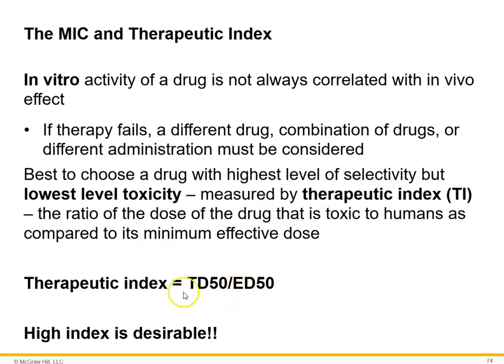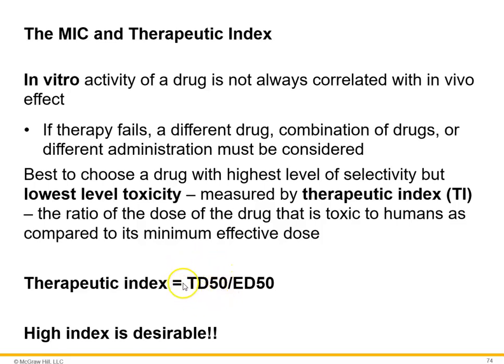Now, a high index is going to be desirable, and let's talk about why. You want this number to be big. That means you want the number on top, the numerator, to be bigger than the number on the bottom, the denominator. And this makes sense because ideally, you would have a drug where the toxic dose is so high, you had to eat a ton of this medication in order to get any toxic side effects.